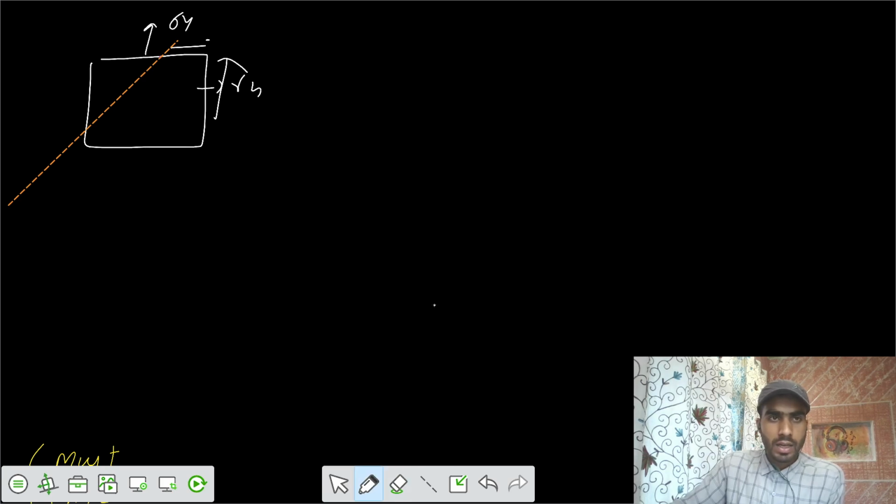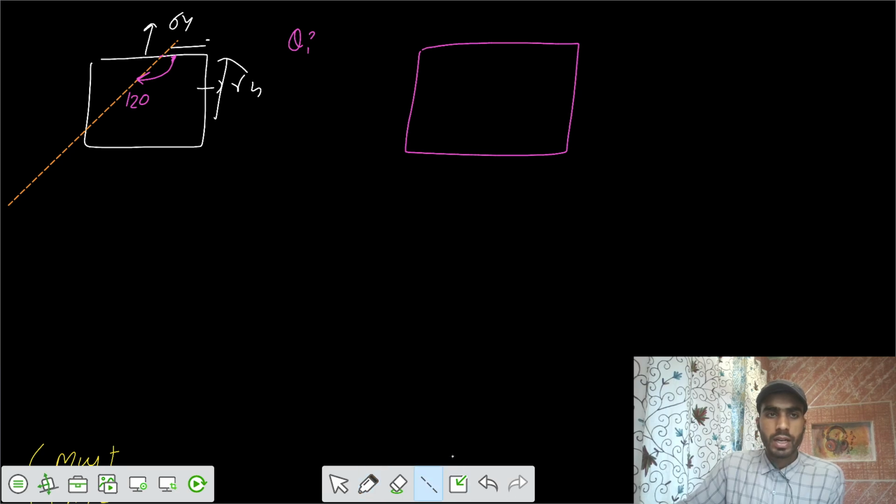So get the value of theta. Let's make that in a fashion that it cuts the vertical axis. We want to cut the vertical axis to get the clear picture. Let's make the same line such that it cuts the vertical axis.